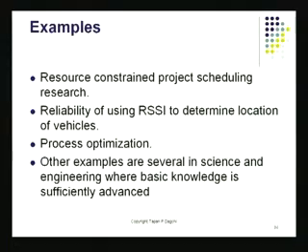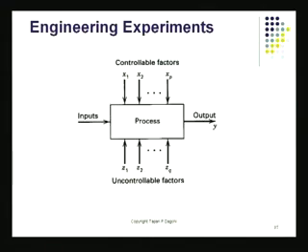And of course, in all these areas, science and engineering both have advanced to the point when we can write down the basic equations that describe the behavior of the system. This, of course, is not possible with all systems. An example is engineering systems. Many engineering systems are such that we can perhaps list the controllable factors, and we find there are a lot of uncontrollable factors that cannot really enter our equations.